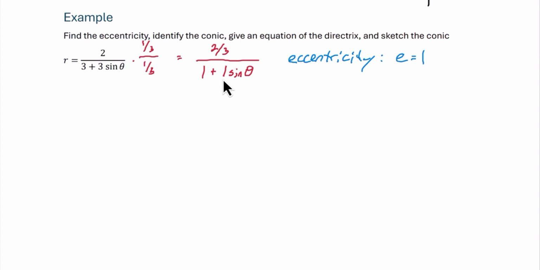And again, up top, this information is ed. Since we already have 2/3 up there, that means d must be 2/3. Again, 2/3 times 1, e times d, will give us that 2/3. Note that when e is equal to 1, we have a parabola.